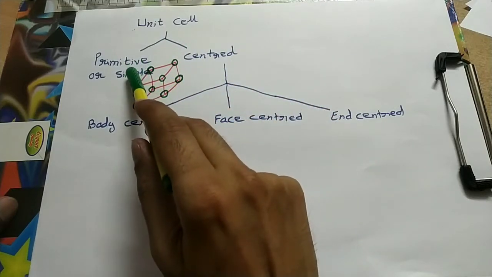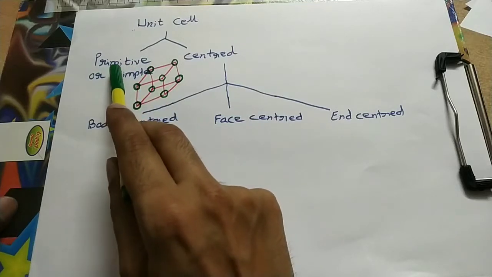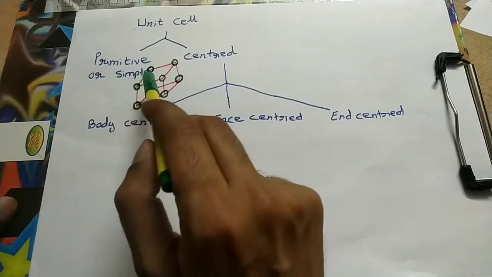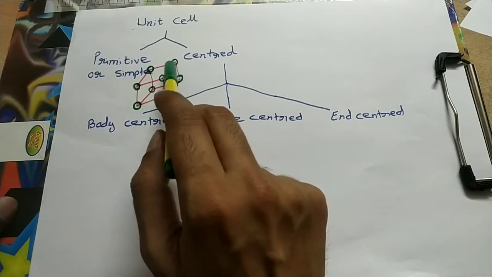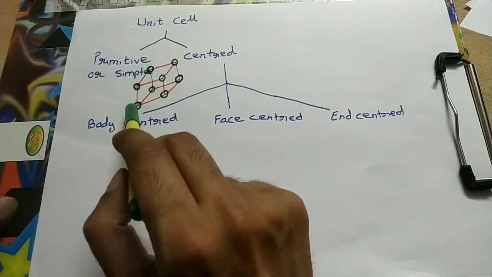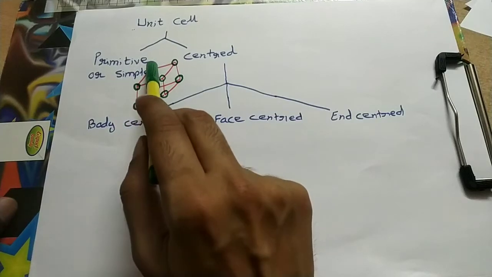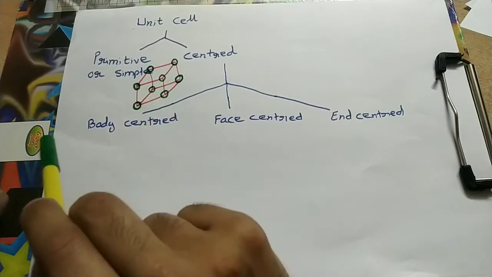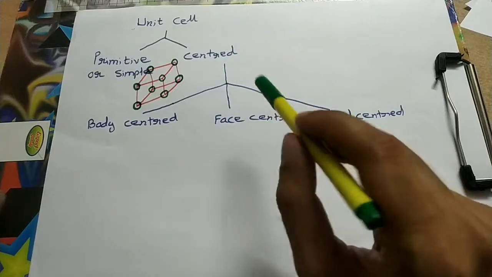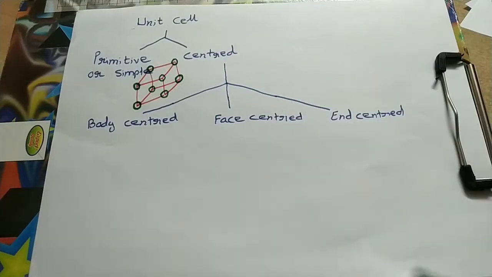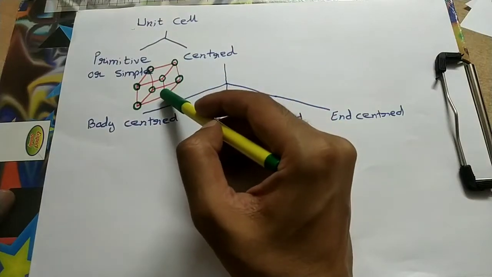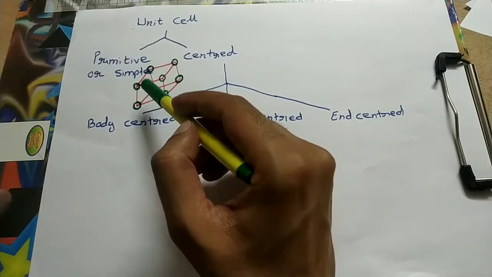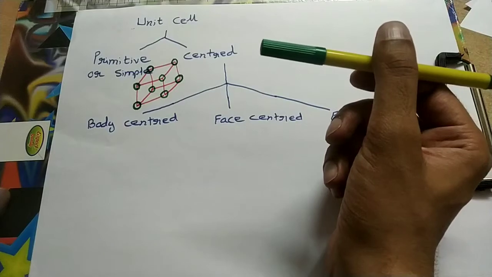Considering a unit cell as a perfect cube, a primitive unit cell is one in which constituent particles occupy all 8 corners. Particles are present only at the corners. A centered unit cell is one in which constituent particles occupy the corners and are also present at some other spaces.